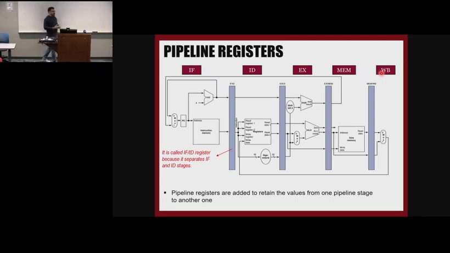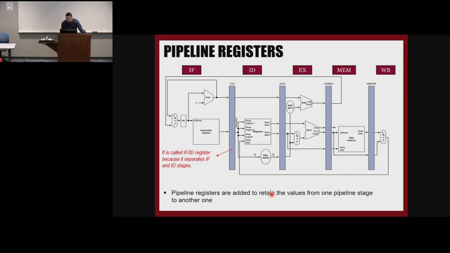Now I want you to do something just for the fun of it. For every bit that we want to store in the register, we need 1 flip-flop. If you think of it as a memory, what should be the capacity of this memory in number of bits for the IFID register? What we do with these registers is retain the values from one pipeline stage to another.